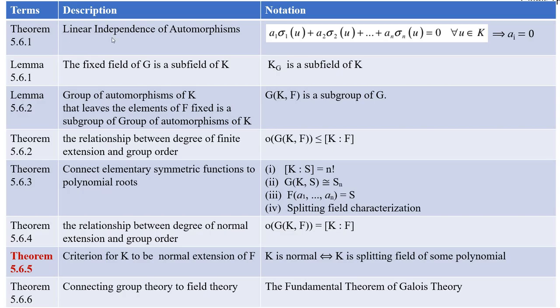The first theorem tells about the linear independence of automorphisms sigma 1, sigma 2, and so on up to sigma n, which are all automorphisms of K. What we are trying to prove in the first theorem is that they are all linearly independent. Then, in the second lemma, the fixed field of G is a subfield of K. Fixed field means all will be scalars, so it will be a subfield of K. That needs to be established.